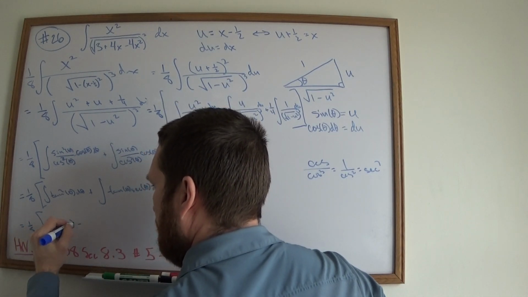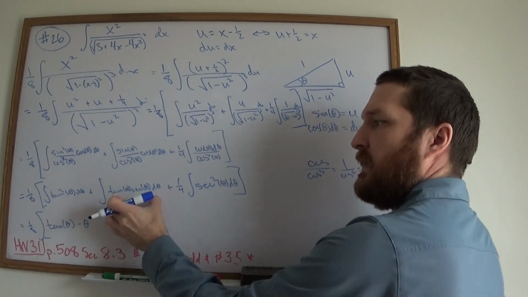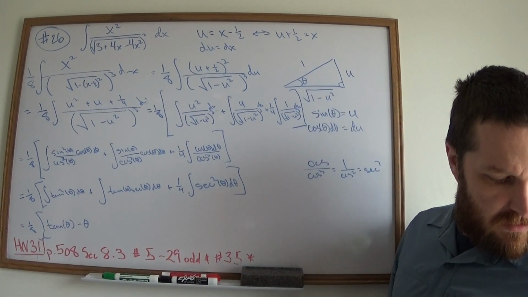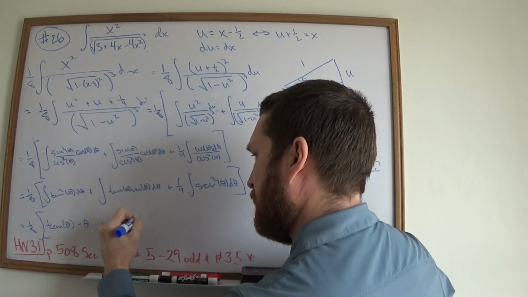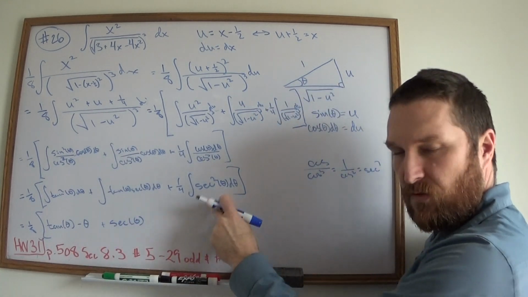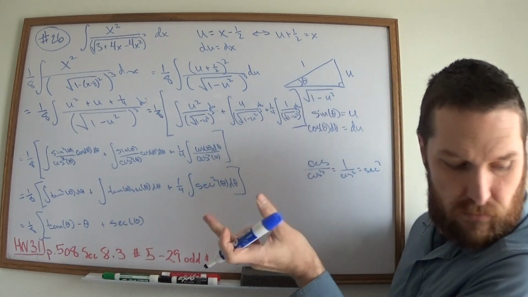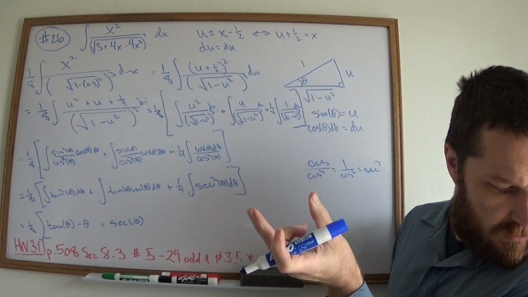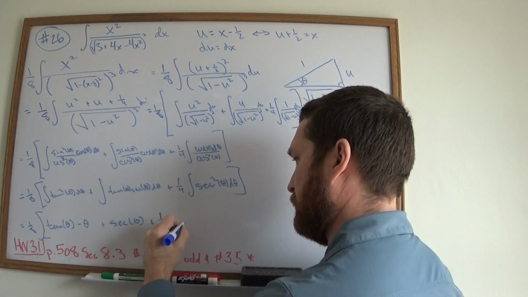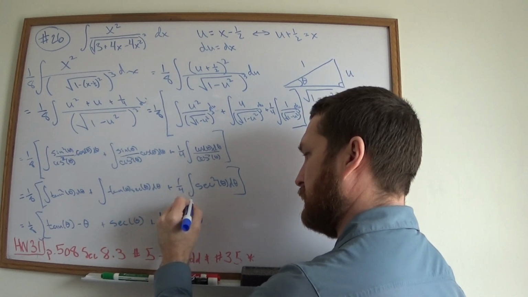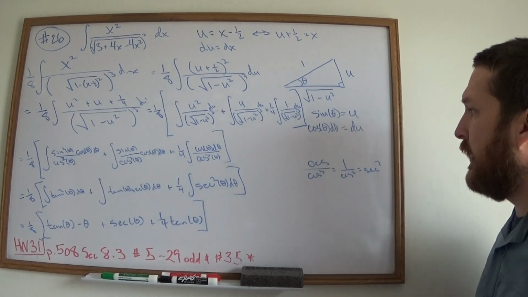Tan theta minus theta. Tangent secant, like I said, just is secant. 1/4 secant squared, it should be tangent. Right? Yep, so 1/4 tangent, plus a constant.